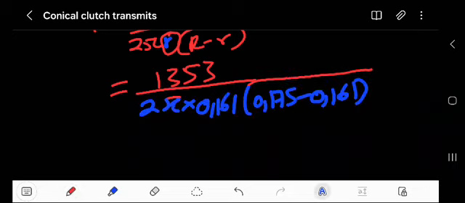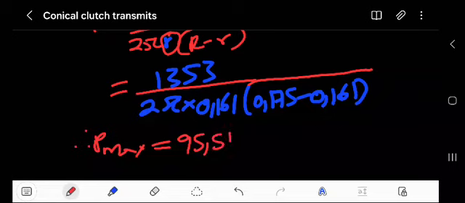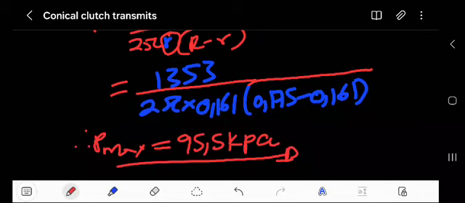If we punch this on a calculator, we get P max equal to 95.5 kilopascals.